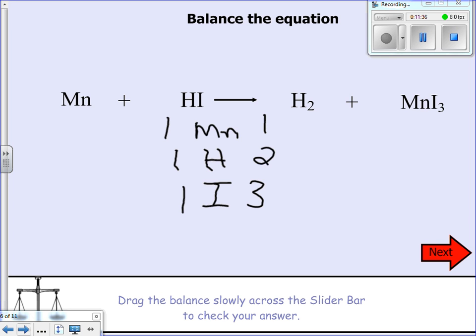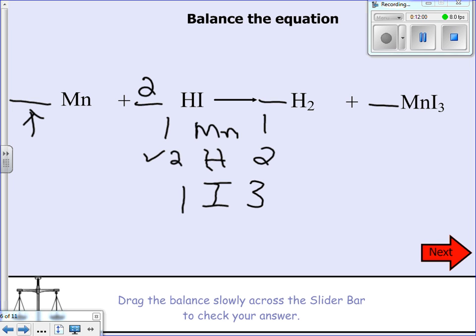I'm going to skip manganese because I can put any number in this blank, and we'll go on to hydrogen. If I have 1 on the left and 2 on the right, I should put a 2, and that's hydrogen iodide. So that's balanced.